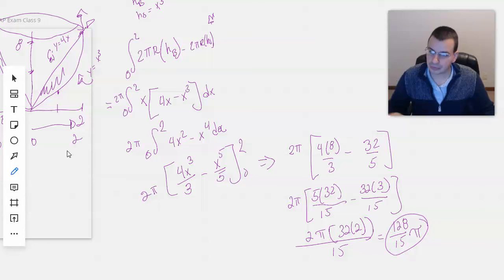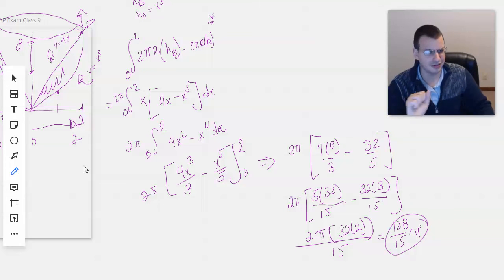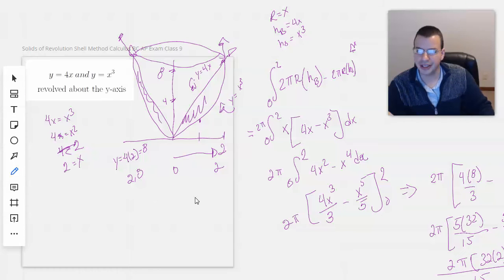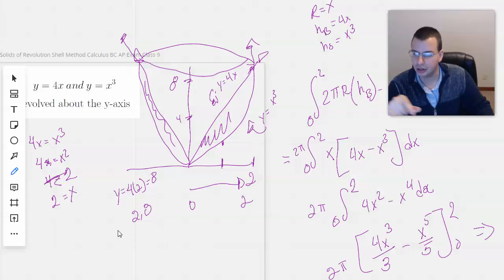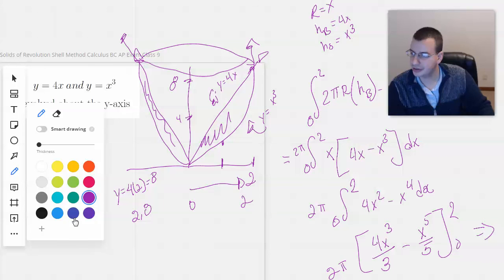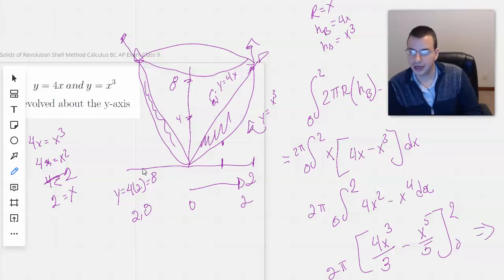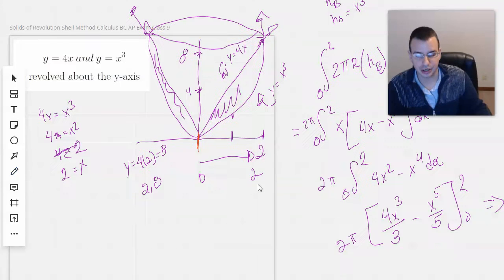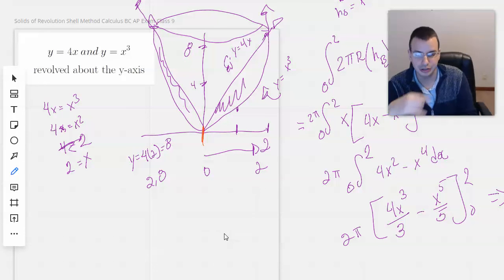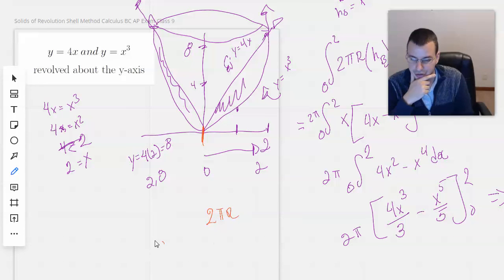Okay, so the idea here is, I know that felt kind of abstract. The key part of this that we did was right here. So when we're doing the shell method, what we're going to be doing is making cylinders. The way you make a cylinder is 2 pi r for the circle of the cylinder. You then add some height. I usually call this h big.